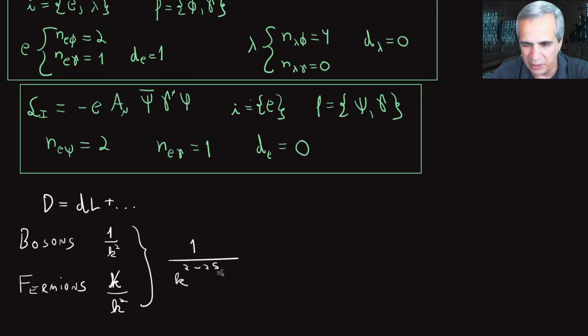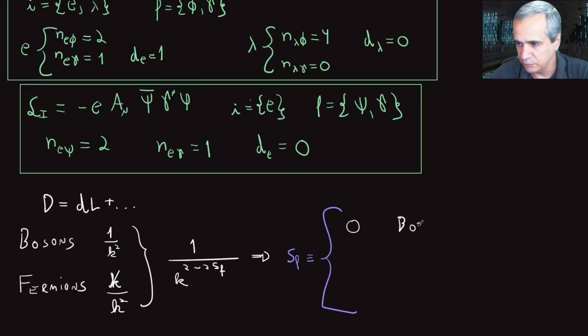It's not really the spin, but I'll use this variable s_F to specify the field, and define this s_F so that it is equal to 0 for bosons and 1/2 for fermions.